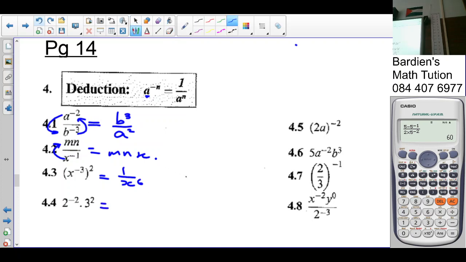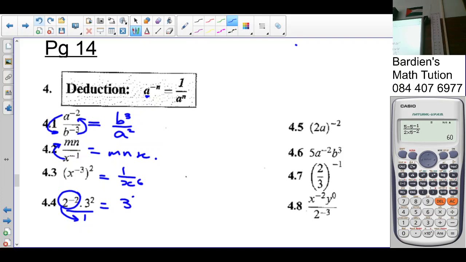Next, naturally over 1. So what is going to go to the denominator? Only 2 to the minus 2. Why? Because only the base of 2 is exponent is negative. You guys understand? Any confusion? No. Okay.